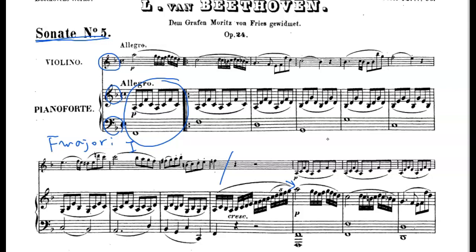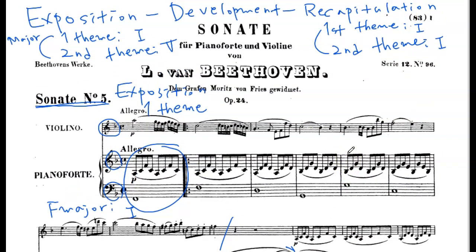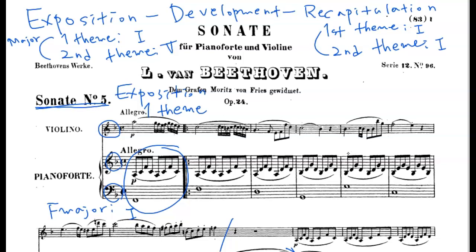So obviously the beginning of sonata, this is the exposition. In the exposition, the first part is almost always the first theme area. Some pieces have introduction before getting into the first theme, but here it just dives into the first theme.